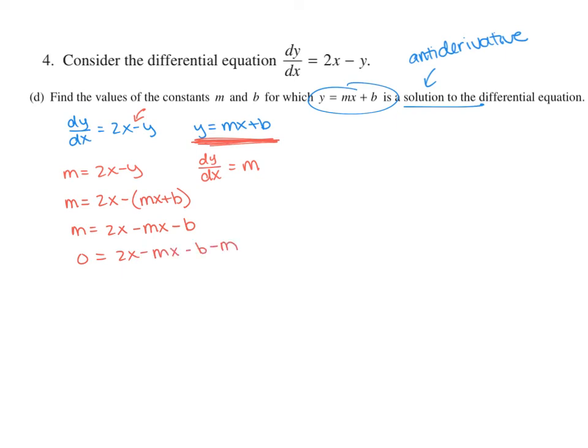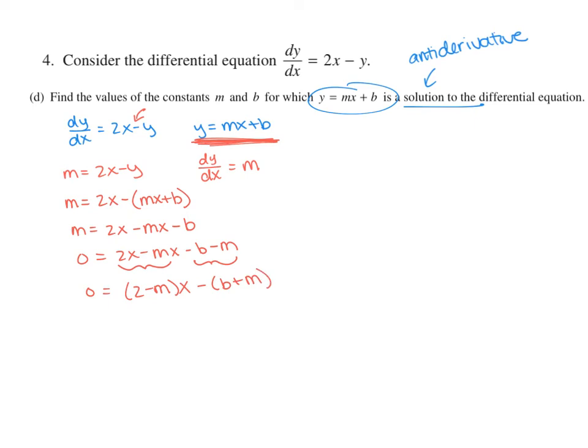So we have two things here. We have x's: we have 2x minus mx, and that is a variable. And then we have b and we have m, and those are our constants. I might look at it kind of like this.